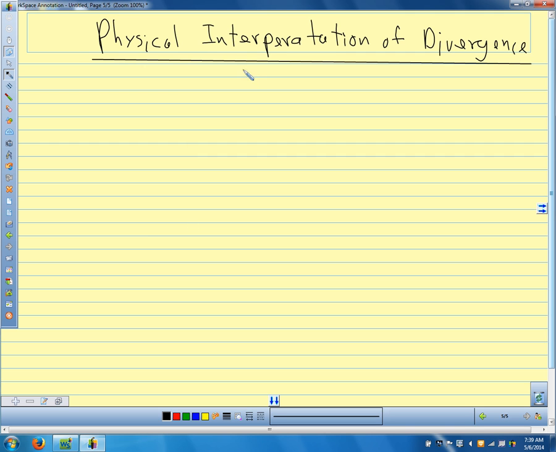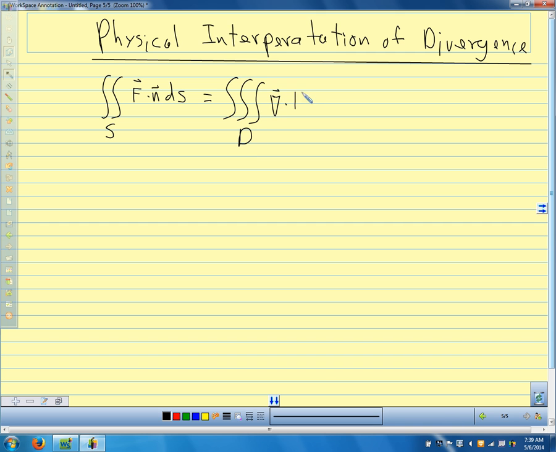So let me rewrite, I want to start with the divergence theorem. The divergence theorem is going to give us a way to come up with a physical interpretation of the flux of a vector field. The divergence theorem says the flux through the surface equals the sum of the divergence over the volume.